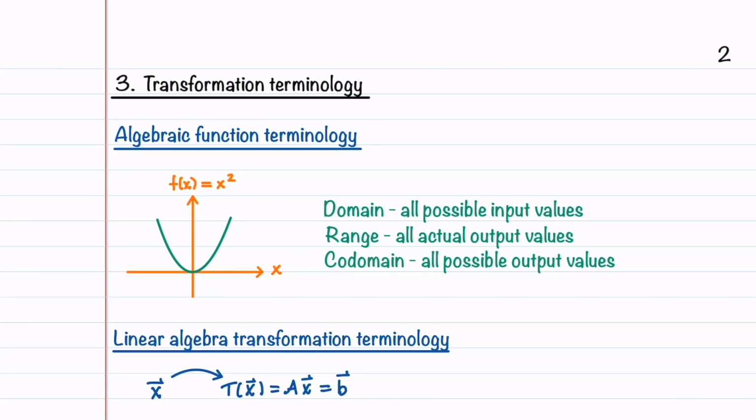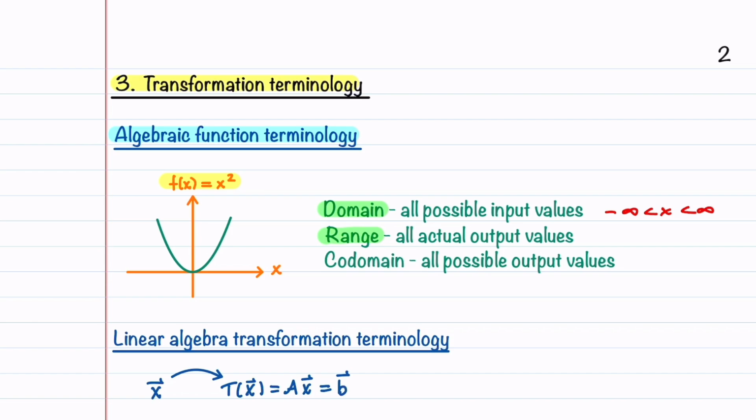When we work with transformations, we'll use a lot of terminology which you might not yet be familiar with. I think the easiest way to understand this terminology is to first review some terminology that you used when you were studying algebra. Let's look at the function f of x is equal to x squared. The domain of this function is all the possible input values. That's going to be values of x between minus infinity and infinity.